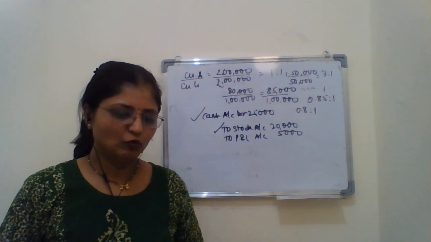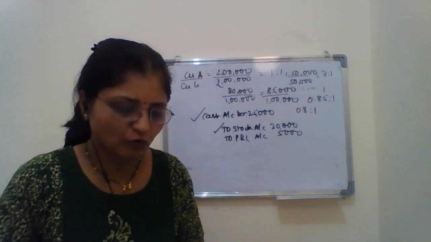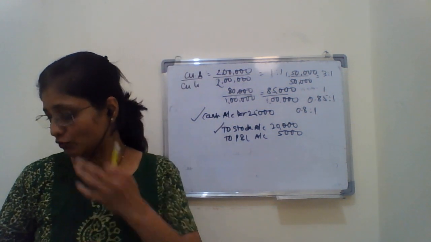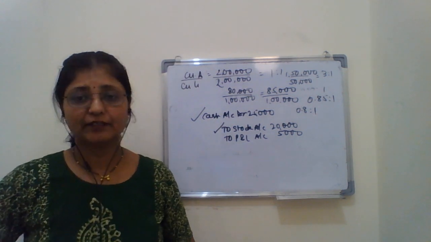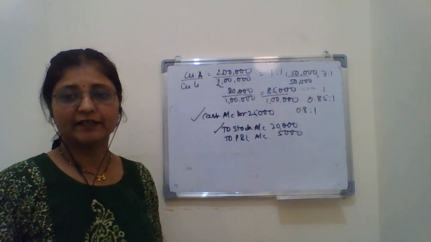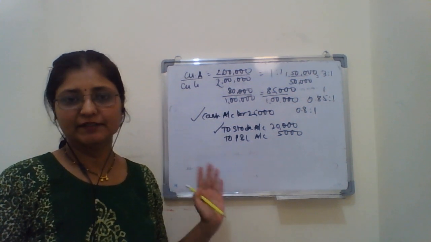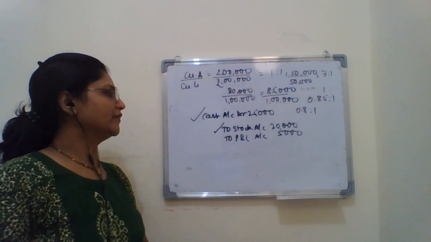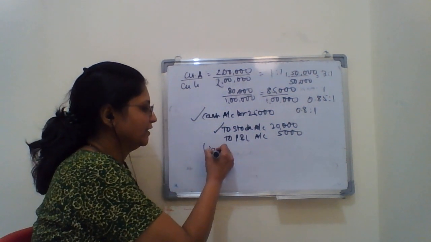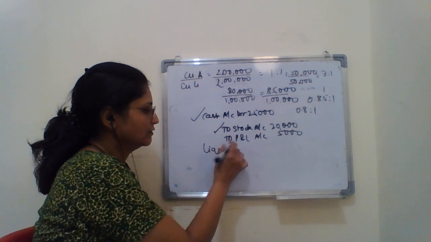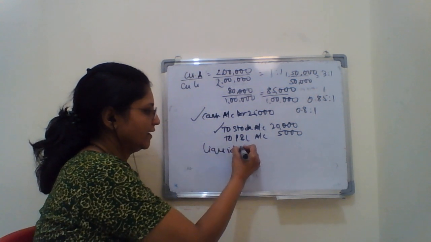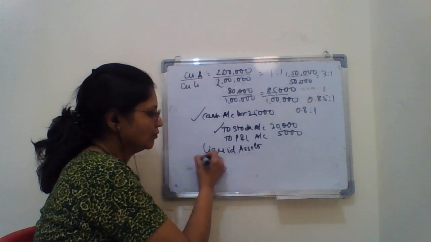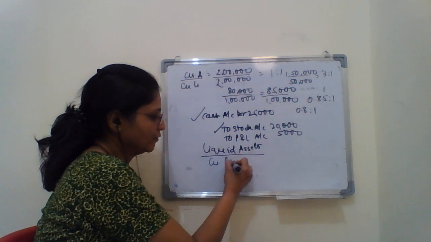Now let us come to the second ratio, that is liquid ratio or quick ratio or acid test ratio. The formula for liquid ratio is liquid assets by current liabilities.